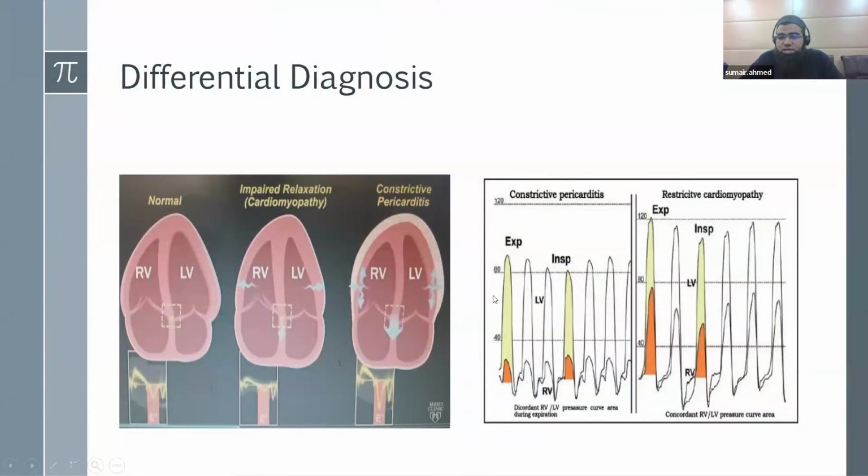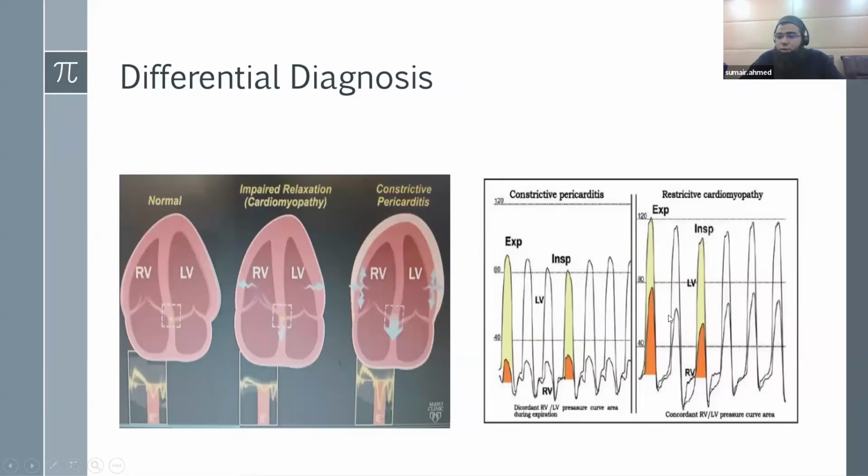We again see that whenever there is inspiration, there is a decrease in LV filling and an increase in RV filling, and whenever there is expiration, there is a discordance: an increase in LV filling and a decrease in RV filling. It is vice versa.